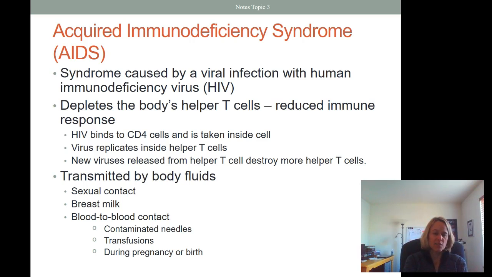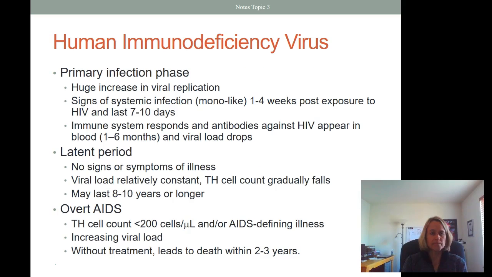HIV is transmitted in body fluids through sexual contact, breast milk, and blood-to-blood contact. The infection involves three primary stages. The primary infection phase is when you have a huge increase in the viral replication.